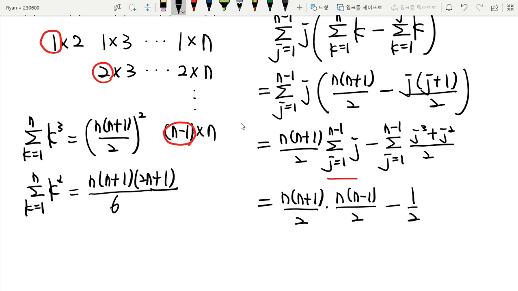So I'm going to change this to j, and then once again the nth term is n minus 1 instead of n, so I'm going to put n minus 1 in place of n in this formula.